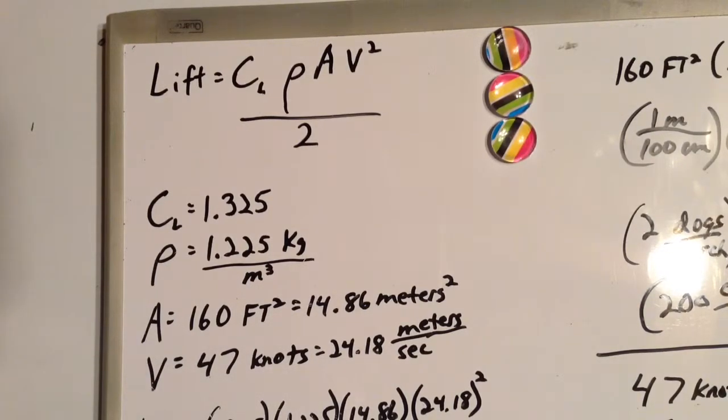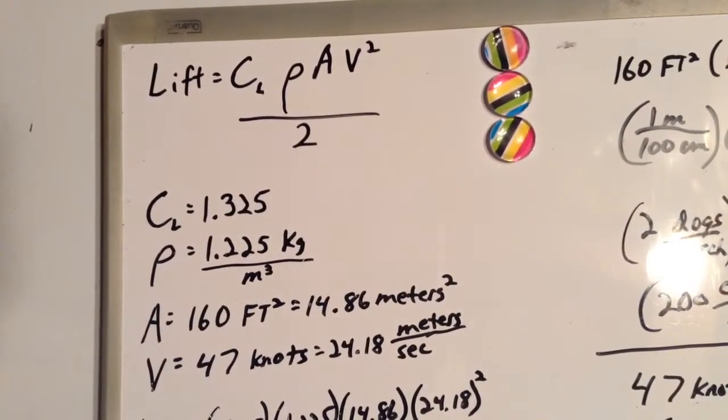Okay, first we must know that we need to know how to turn our 160 square feet of wing area into square meters, and we need to convert our 47 knots into meters per second. 1 foot is 12 inches. 1 square foot is 12 inches times 12 inches. 1 inch is 2.54 centimeters. 1 square inch is 2.54 centimeters times 2.54 centimeters. 1 centimeter is 1/100th of a meter.